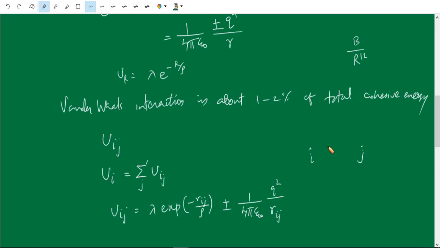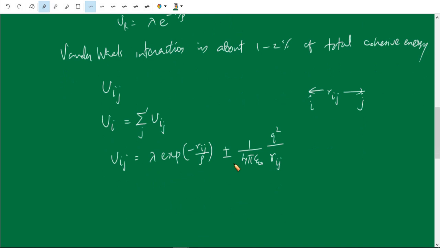This first part is the repulsive part, and this part is the electrostatic part, due to the electrostatic interaction. It may be plus or minus: if they are like charges, they will definitely repel, and if unlike charges, they attract.